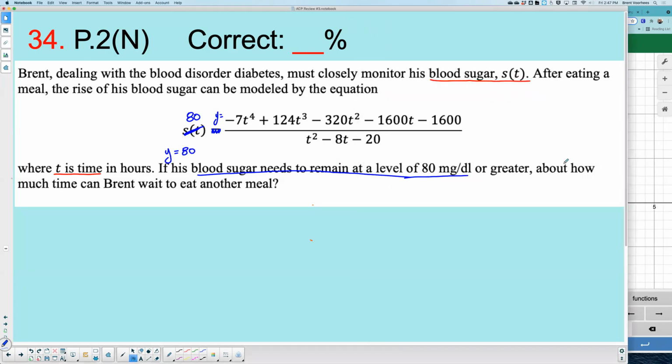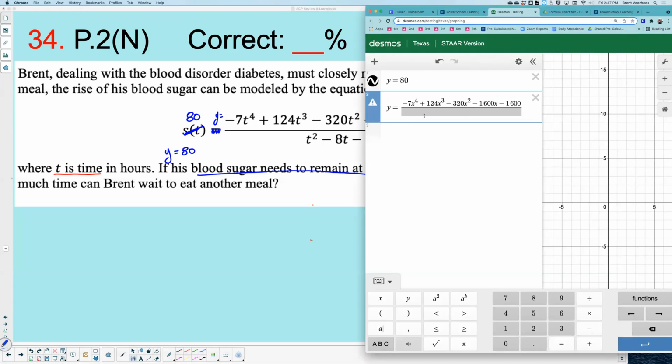And then finally, it's all over x squared minus 8x minus 20.